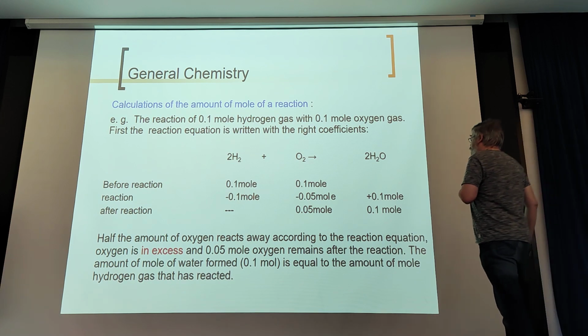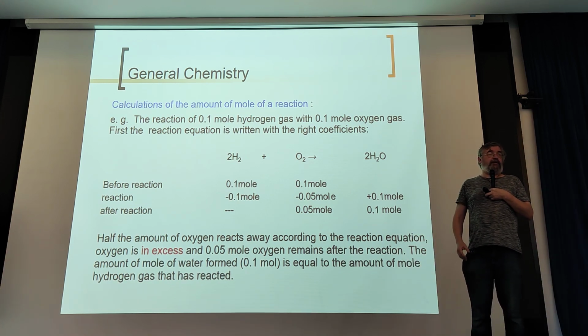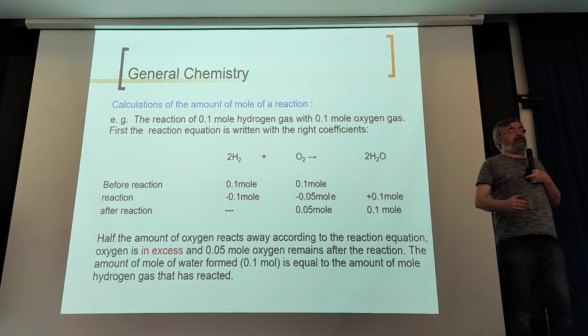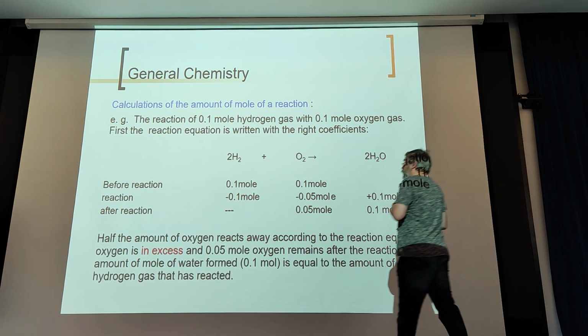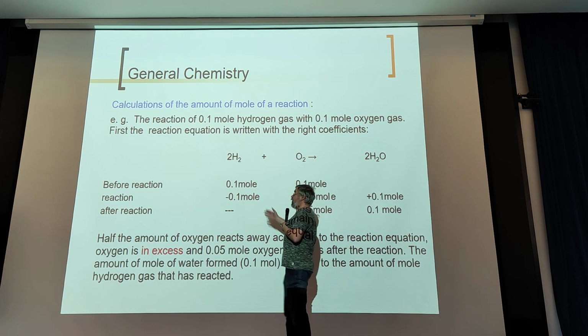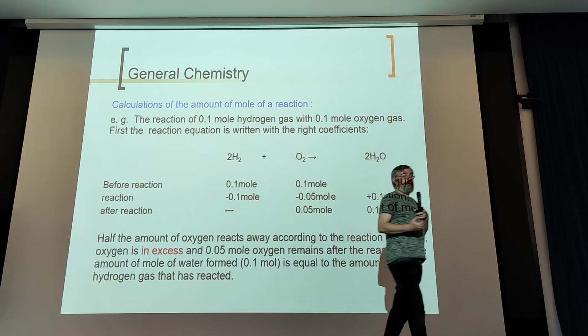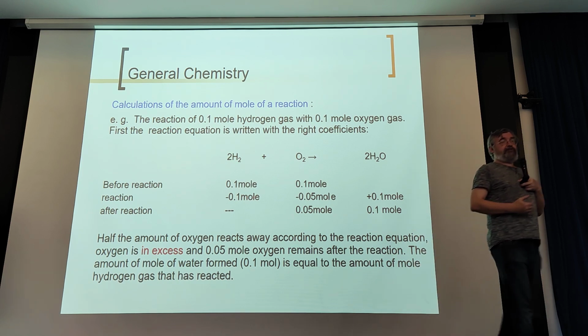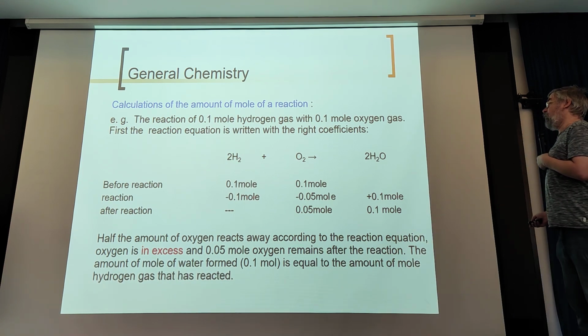The other reagent is what is limiting the reaction. The reagent that is not in excess is the limiting reagent, in this case the dihydrogen. Why limiting? Well, the reaction can only go until this reagent is used up, and that's the maximum that you can reach. So this is the limiting reagent of our reaction.